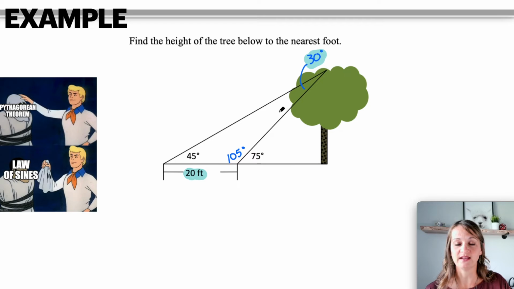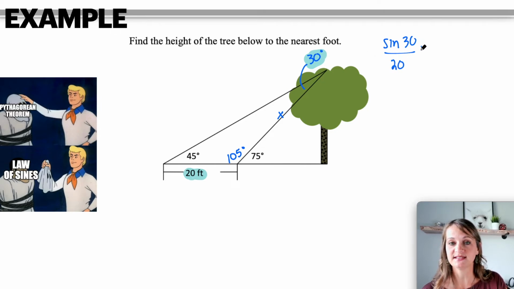So I'm going to go ahead and find this unknown variable because then I will have a right triangle with the side known in order to find the height of the tree. So first thing I'm going to find is x. So I'm going to take my proportion, sine of 30 divided by the opposite side is going to equal the sine of 45 divided by its opposite side.